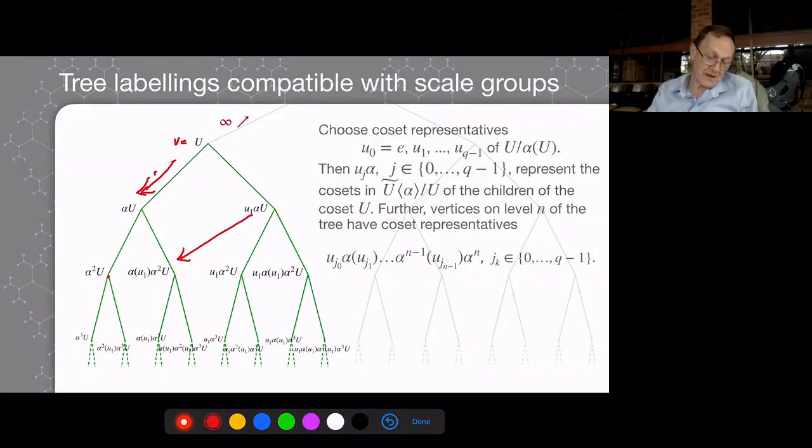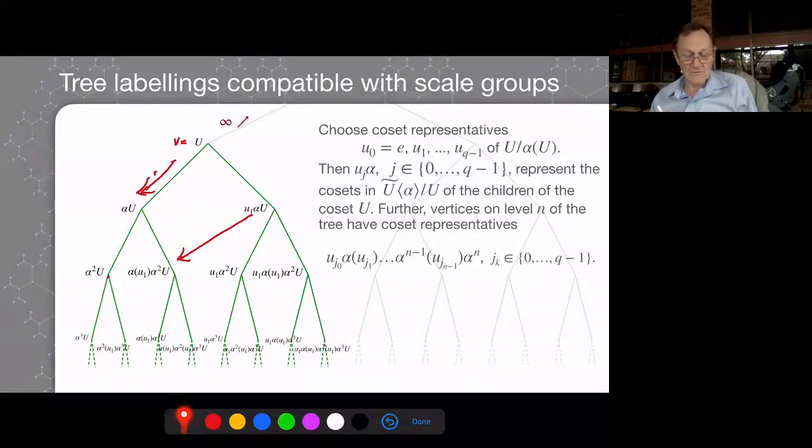And so we have labels alpha squared U and alpha U1 alpha squared U for these two vertices. And then we have labels U1 alpha squared U and U1 alpha U1 alpha squared U for these two vertices, and so on. So we can label all of the vertices according to the coset, or we can choose coset representatives for all of these vertices below the vertex U or V.